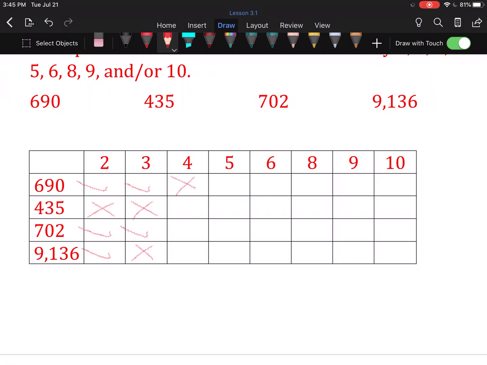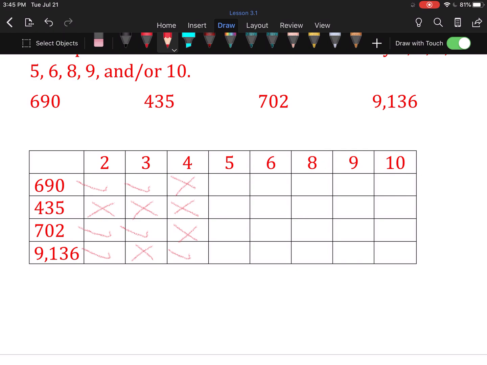The last two digits of 435 are 35. Definitely doesn't divide by 4. The last two digits of 702 are 02. 02 does not divide by 4. And the last two digits of 9,136 are 36. 36 does divide by 4, so this finally gets a check mark.